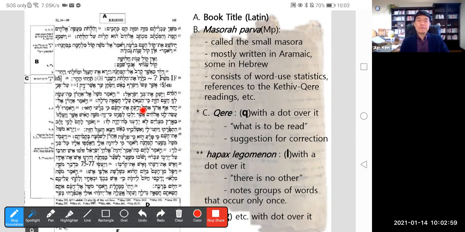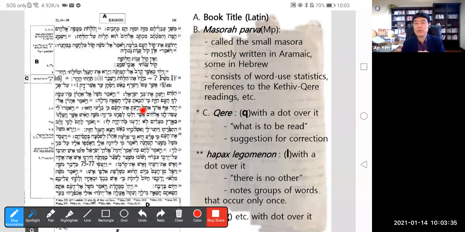The information of Qere is provided in BibleWorks 8. Have you ever seen a word put into parentheses? If you see one word put inside the parentheses and another word right beside it put inside brackets, that means one is Qere and the other one is Ketiv.